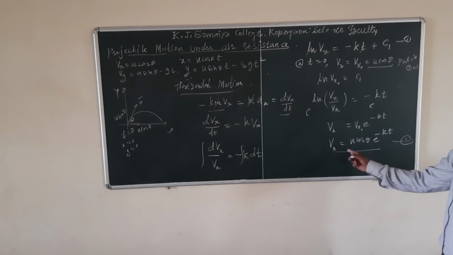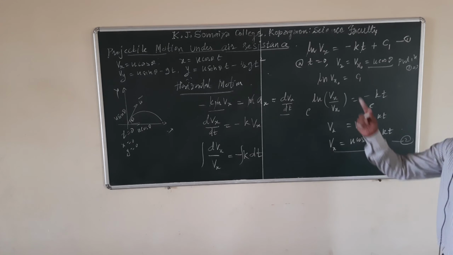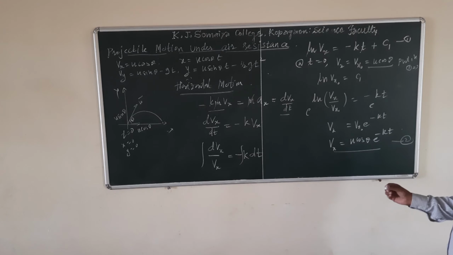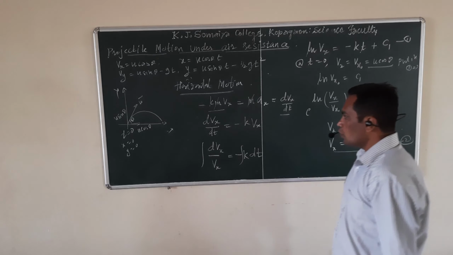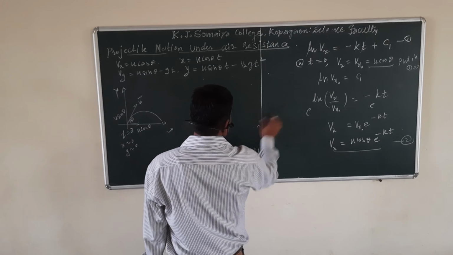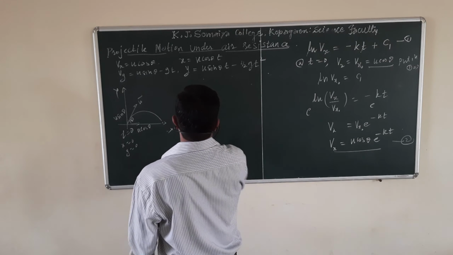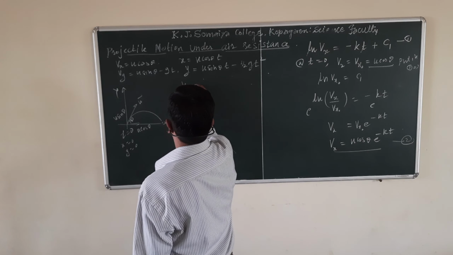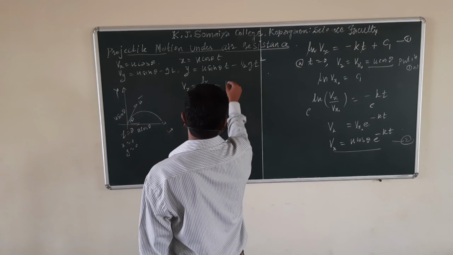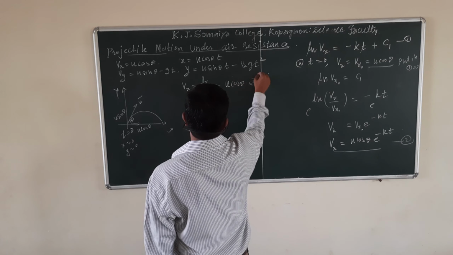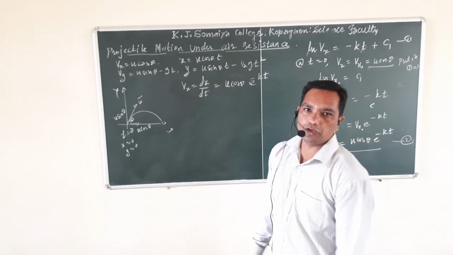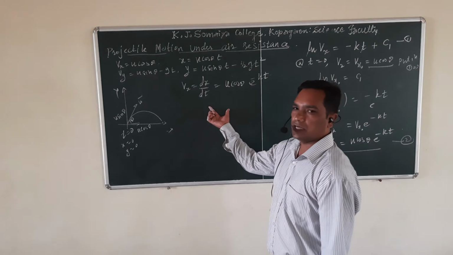Now we have to find out the instantaneous x position. For that, from equation 2, we know that Vx is nothing but dx upon dt, which is u cos theta e raised to minus kt. Again, this is a linear homogeneous ordinary first order differential equation.